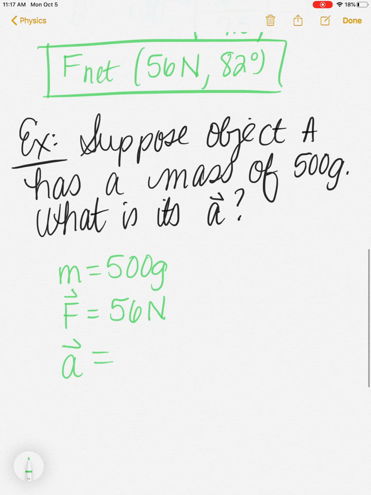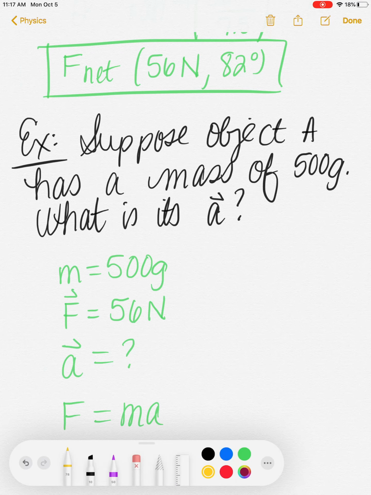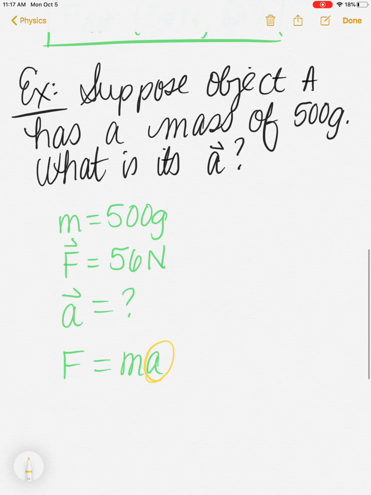We are supposed to determine the acceleration. Newton's law says that force equals mass times acceleration. So if we need to solve for acceleration, I must divide both sides by the mass. That's going to give me the variation of Newton's second law that says acceleration is equal to force divided by mass.